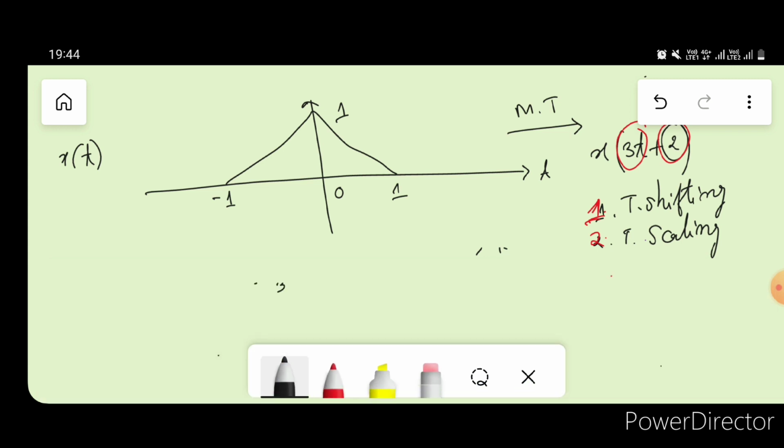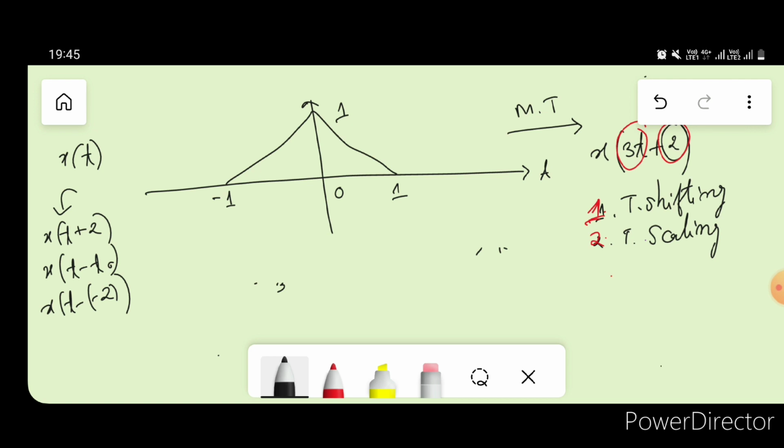In the first step, we perform time shifting, which is x of t plus 2. Now we know that the general notation of time shifting is x of t minus t naught. So in general form, it is x of t minus minus 2; that is, we need to shift our signal by minus 2 units.